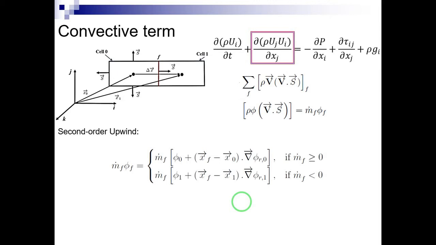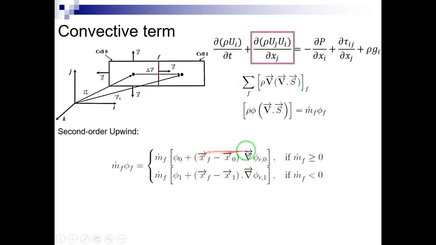The idea behind the second order upwind is exactly the same as that of the first order upwind. However, the main difference between these schemes is the presence of the second term inside the square brackets in the second order scheme.